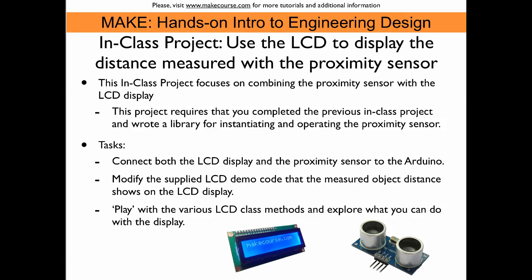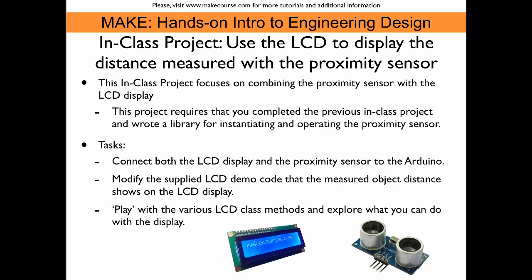Okay, time for the in-class project. This time we will combine the proximity sensor with the LCD display. This project requires that you completed the previous in-class project and that you have a library for the proximity sensor.